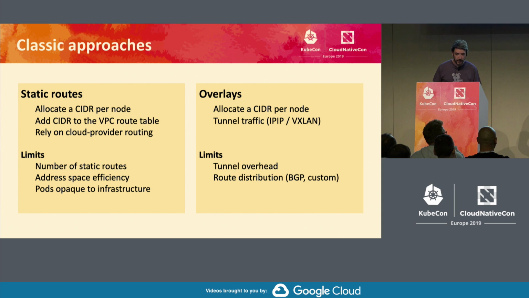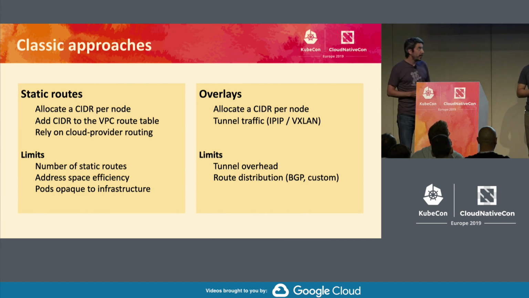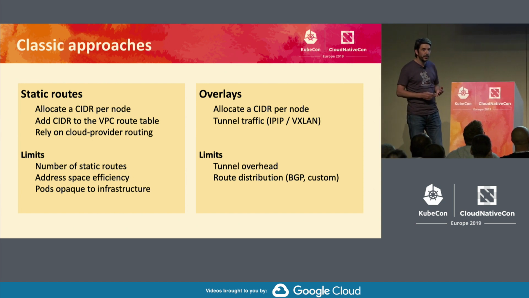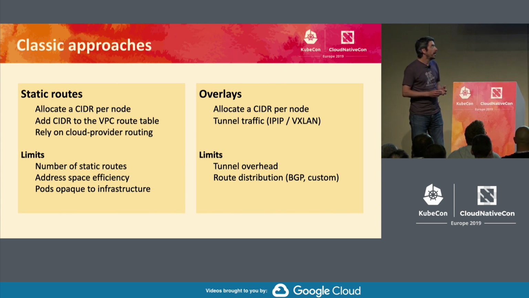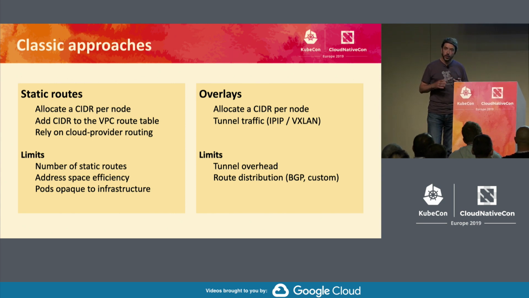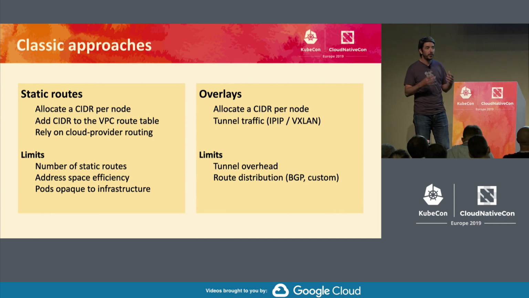Another option is to use overlays. This is, I think, where most people are at today. By overlays, I mean either Calico or Flannel, for instance. The way it works in that case, you also allocate a CIDR for each node. But instead of relying on the cloud provider routing to get pod traffic from one node to another, you actually create an overlay, which means all these CIDRs you've allocated to nodes are virtual CIDRs, and the underlying network doesn't know anything about them.